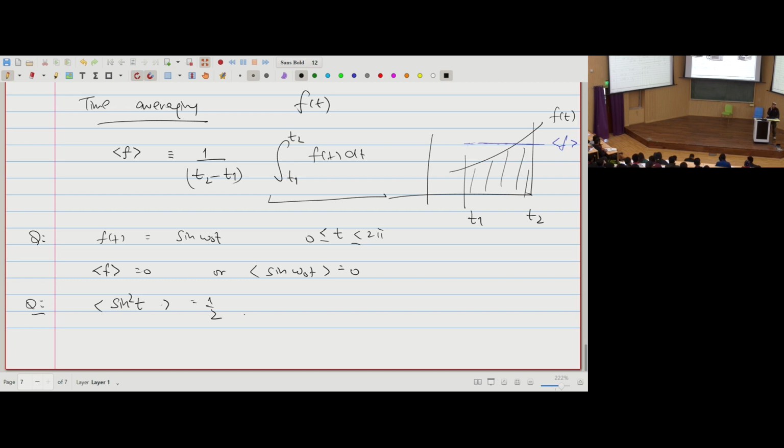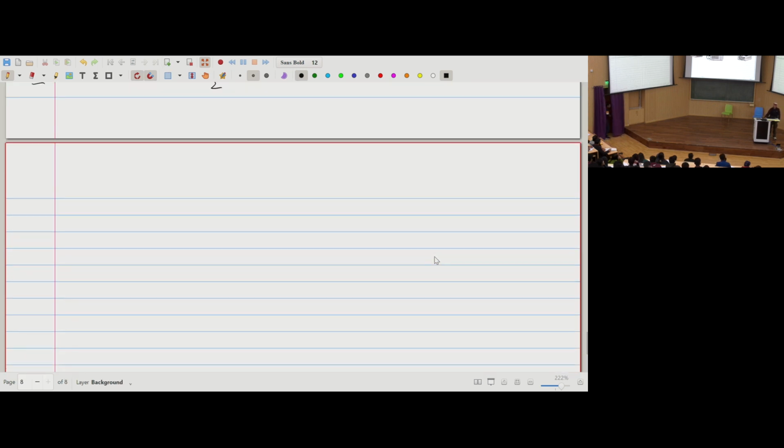What about cos squared t? Same? Good. So you understand that. This I think you have already done as a part of alternating currents, right? Okay. Good. So we understand this operator now.